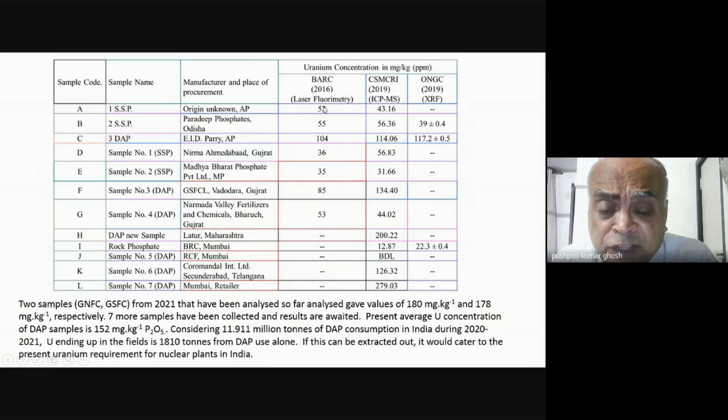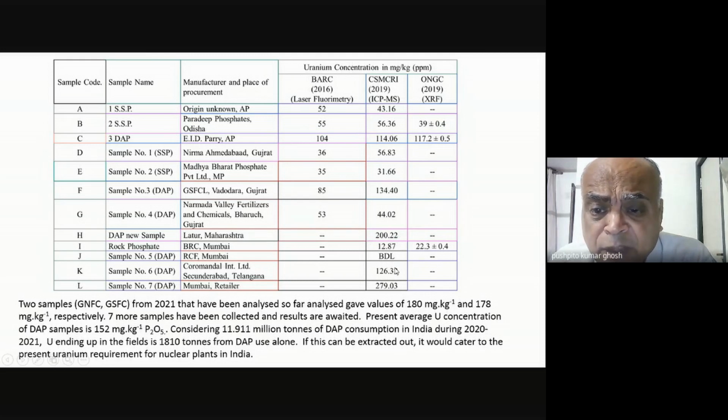Now, because it's such a serious issue, it was analyzed by 3 different agencies. I sent it to each one, and these were blind tests because one had to be sure that the analytical techniques are convergent, that they give you at least to some extent a comparable number. Some of the analysis was also done by ONGC. You can see there was reasonable convergence of numbers in most of the cases, not in all cases. Then there were samples analyzed again from 2019.